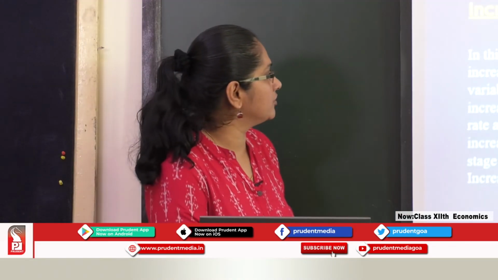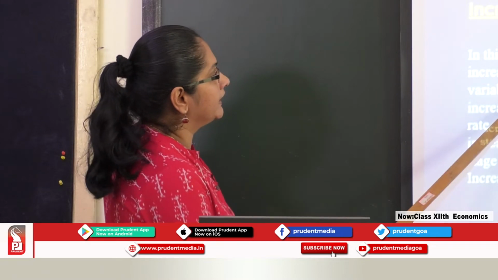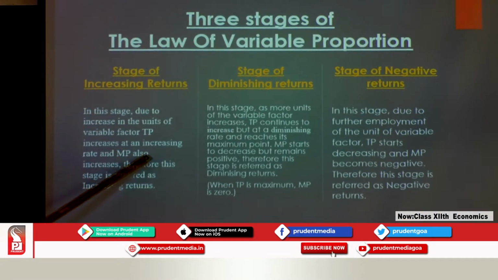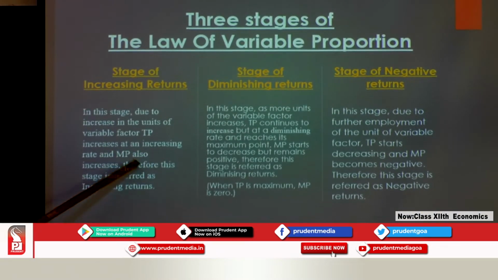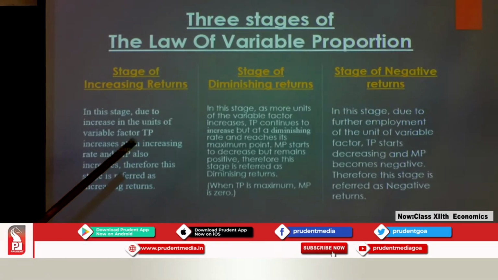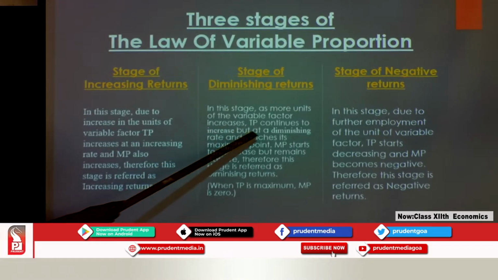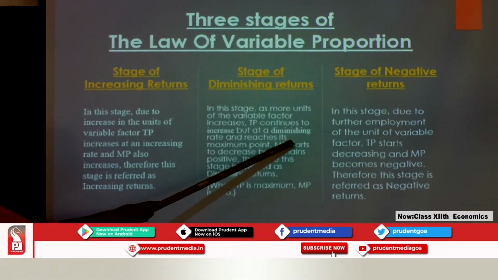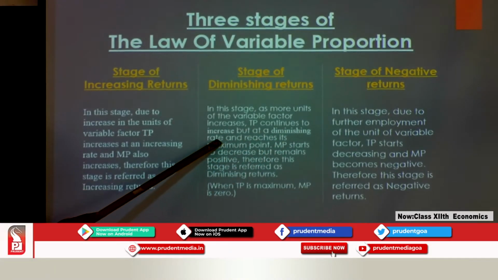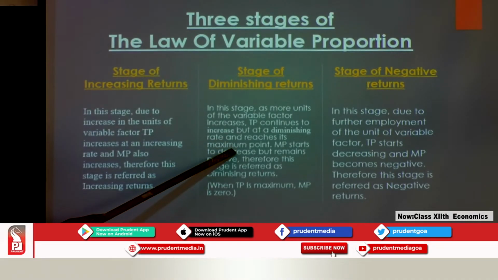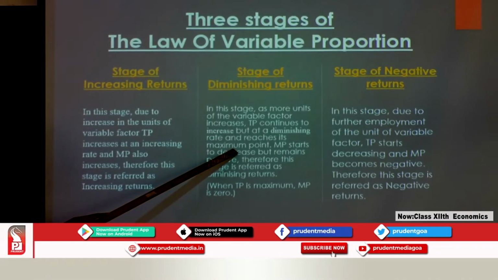The first stage, as I have clearly said, TP, okay, increases at an increasing rate, MP also increases, but it remains positive. Second stage, TP continues to increase, but the rate becomes less. So, it is a diminishing rate and it reaches its maximum point.